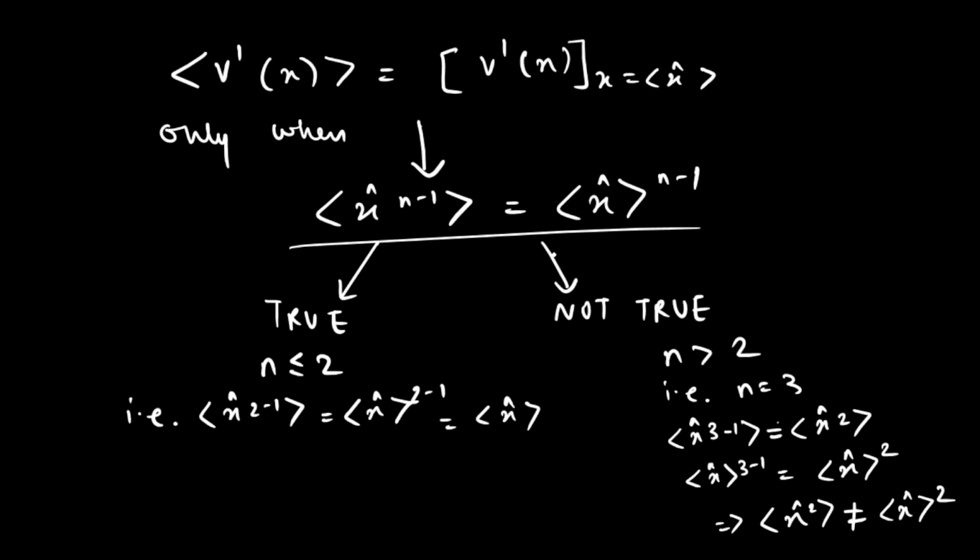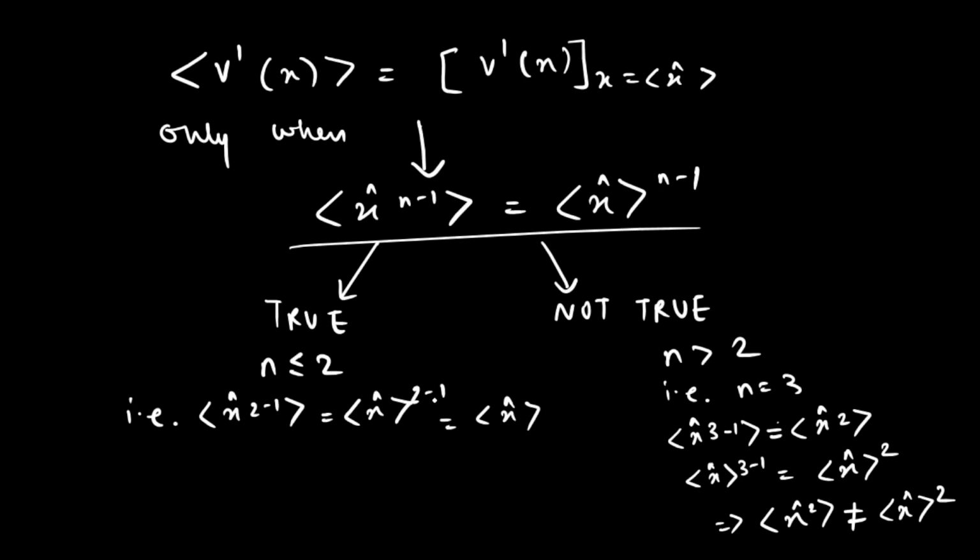And it would not be true when n is greater than 2, that is for n equal to 3. We can see that the expectation value of x cap raised to 3 minus 1 would be equal to the expectation value of x cap square, and the expectation value of x raised to 3 minus 1 is equal to the expectation value of x raised to 2, and these two expressions are not equal.